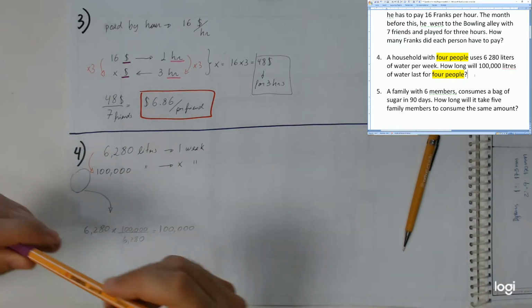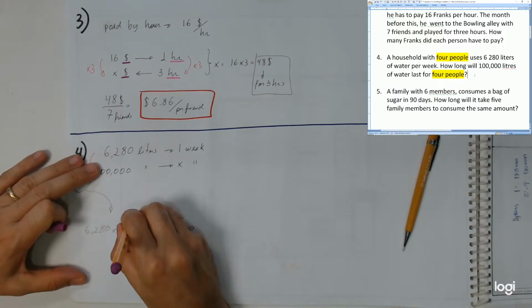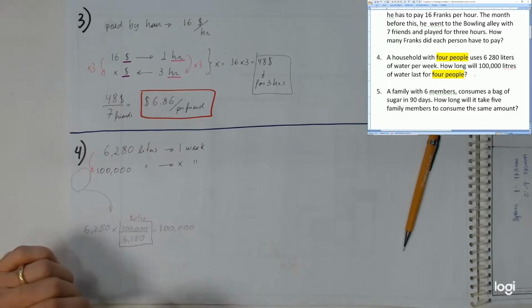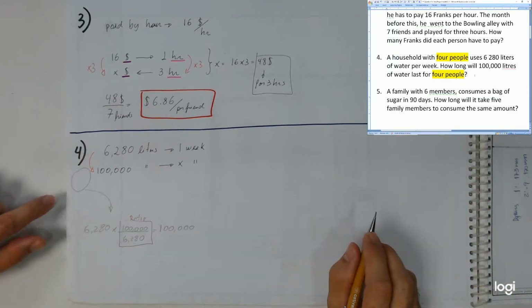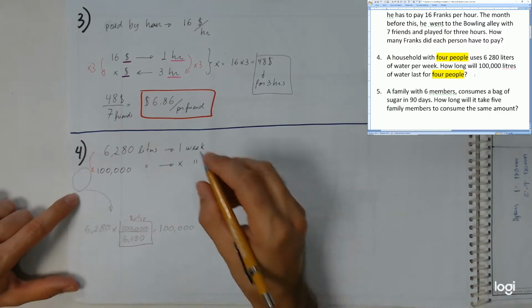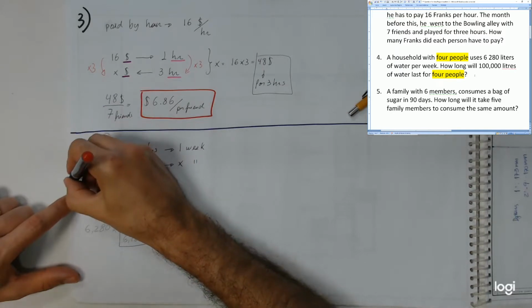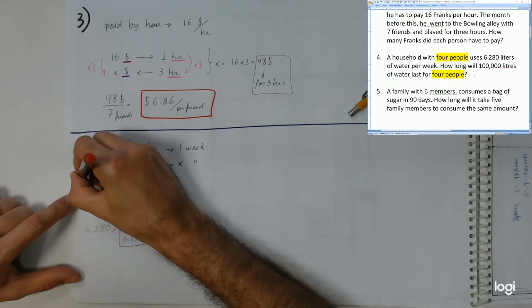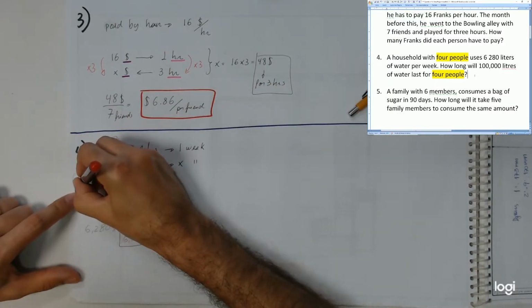Okay? So this is the ratio. This is precisely the ratio that you are looking for. Okay? So the ratio is going to be exactly this, 100,000. Let me write it this way. You have to multiply by 100,000 divided by 6,280.